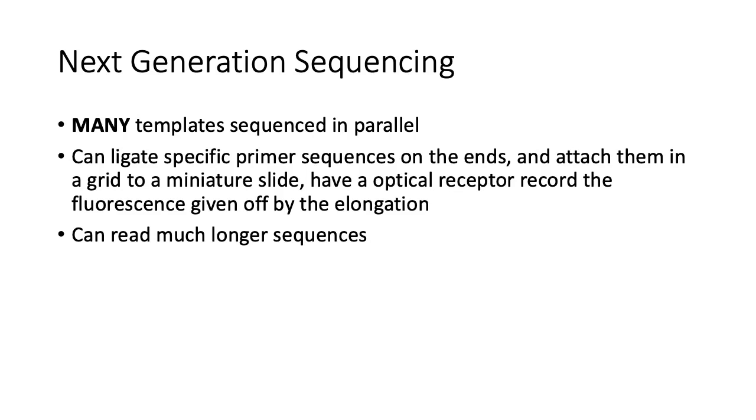And then they perform in one test tube thousands of different amplifications. So you have genomic DNA in there. You've got thousands of different random primers, and each individual random primer sequence has its own barcode. And you perform your amplification reaction.